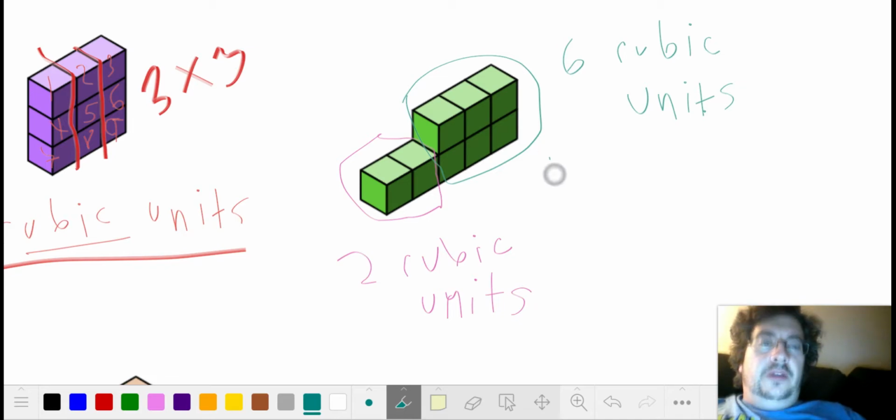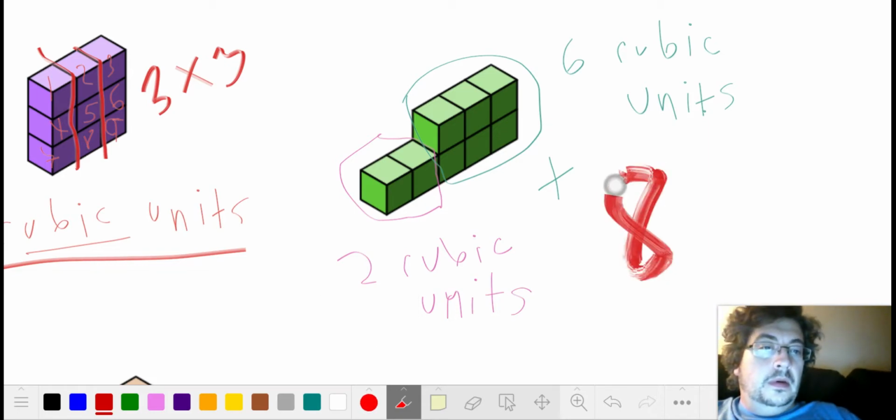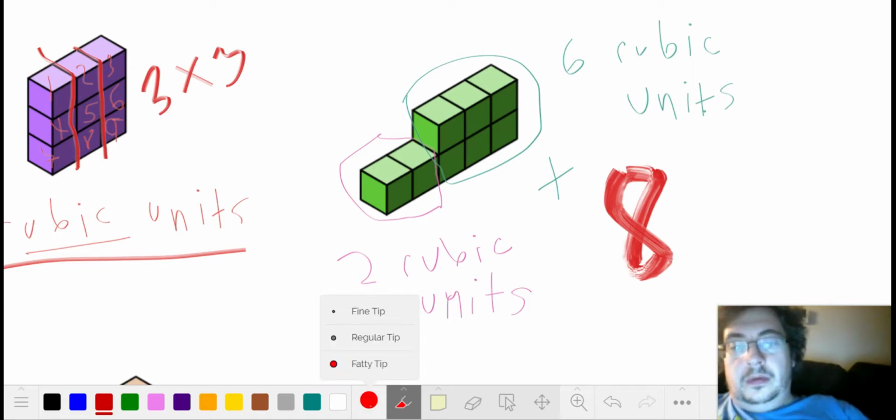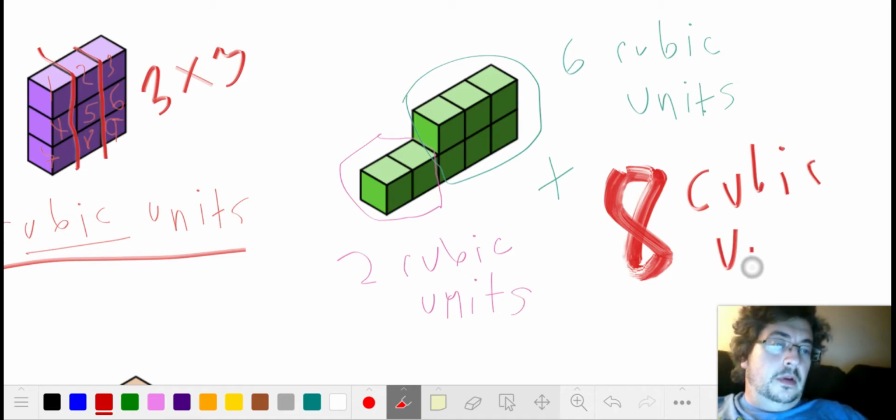And I can add these two pieces together for a grand total of 8 cubic units.